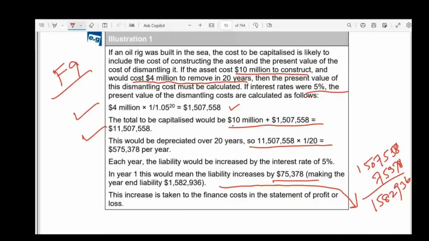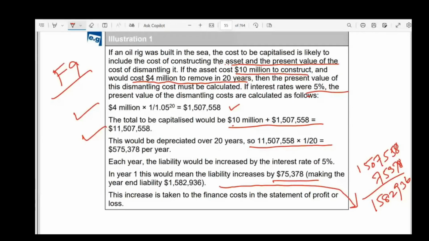Suppose an oil rig was built in the sea. An oil rig is used for storing some material in the oil field. The cost to capitalize is likely to include the cost of constructing the asset and the present value of the cost of dismantling.